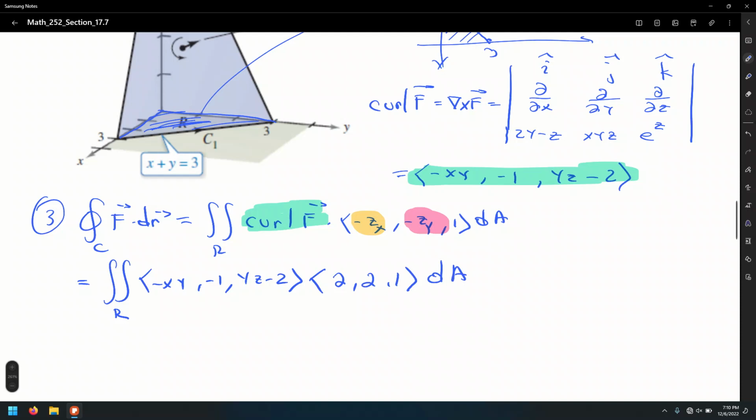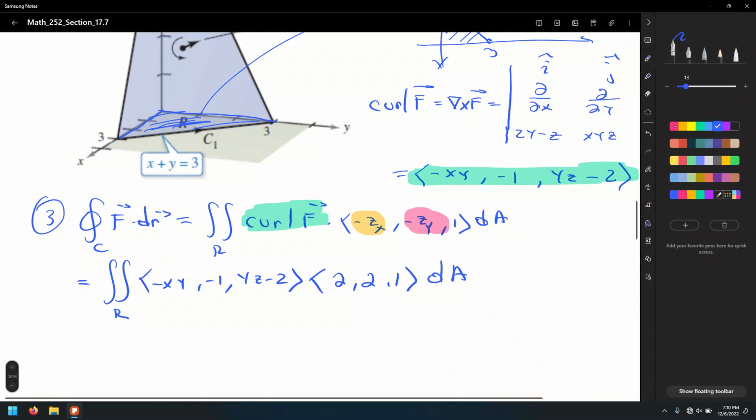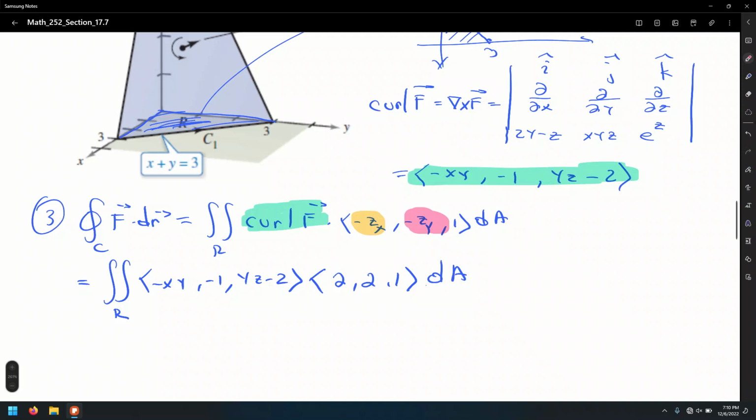Now, be careful, because when we iterate this integral, let me make a quick note over here. This dA is essentially dy dx, or dx dy, depending on how you want to iterate the integral. However, notice the integrand contains a z over here. That's the issue, so that's the one we need to get rid of by writing it in terms of x and y.